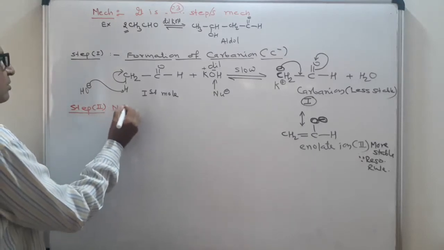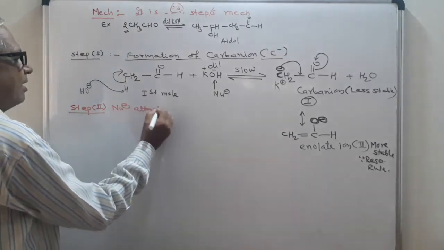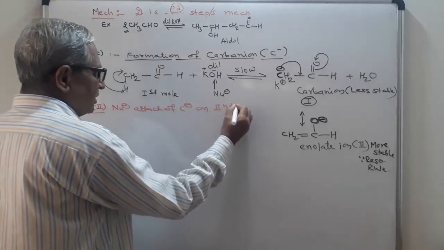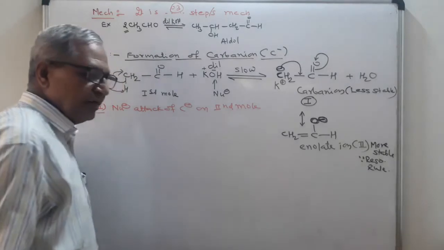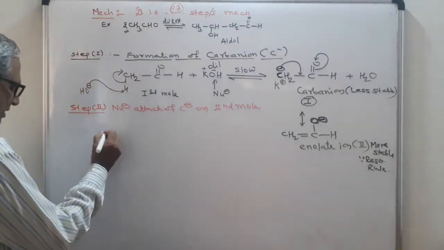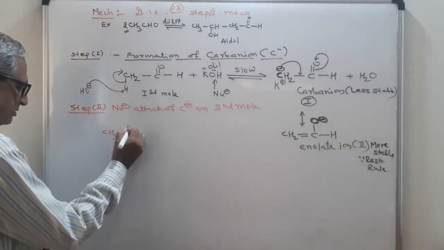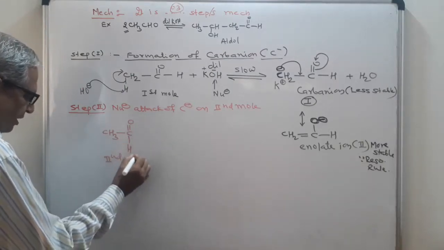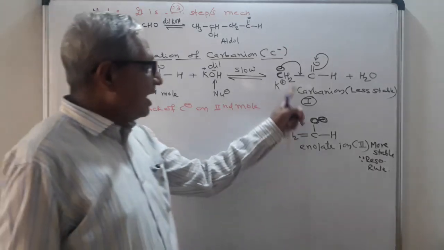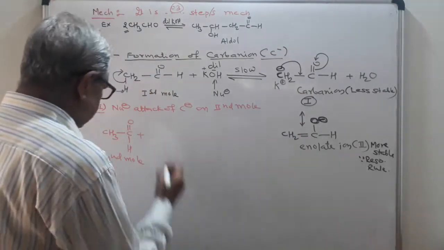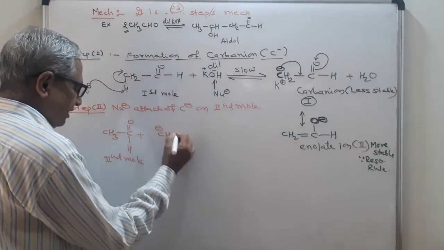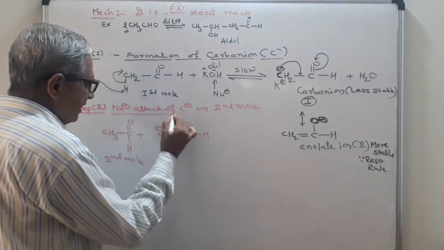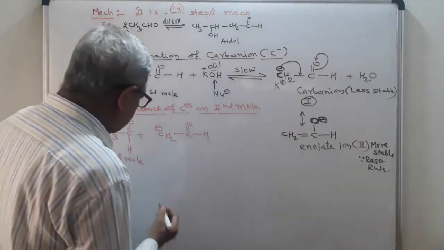Step second is a nucleophilic attack of the carbanion on the second molecule of aldehyde. You know the second molecule of aldehyde, CH3CHO. This is the second molecule of aldehyde. You do the reaction with the carbanion which is formed in the first step, carbanion CH2 minus CHO. So this is the nucleophilic attack of the carbanion on the second molecule.